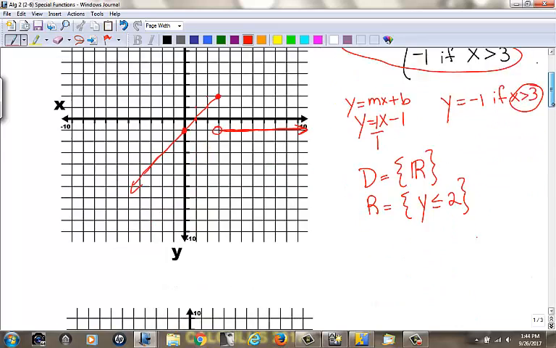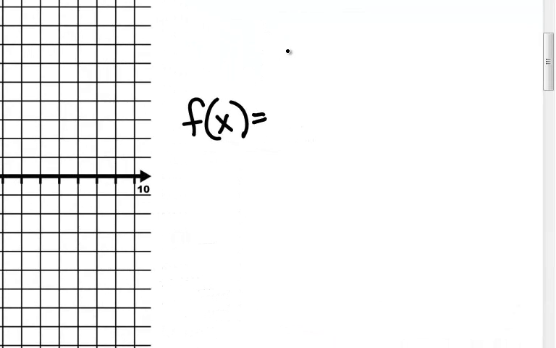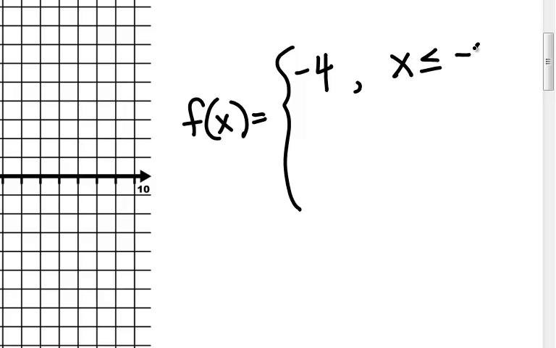Let's try another one. I'm going to switch to a bigger pen here so you can see it better. Okay, so the next one is a three-part piecewise graph. So it's f of x equals, and then you use a big brace. F of x, and that's the same thing as y, equals -4 when x is less than or equal to -2.